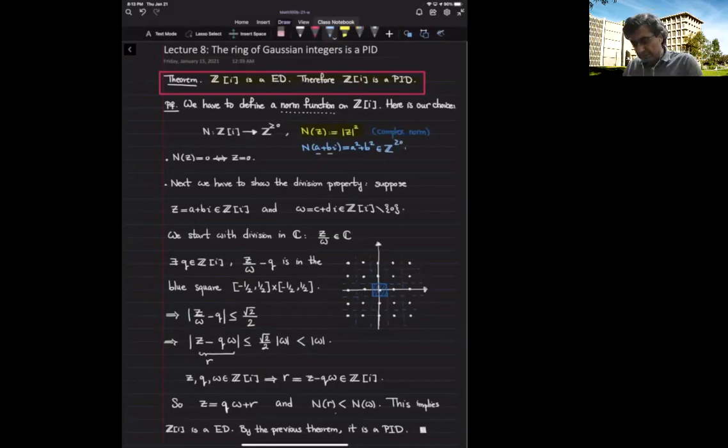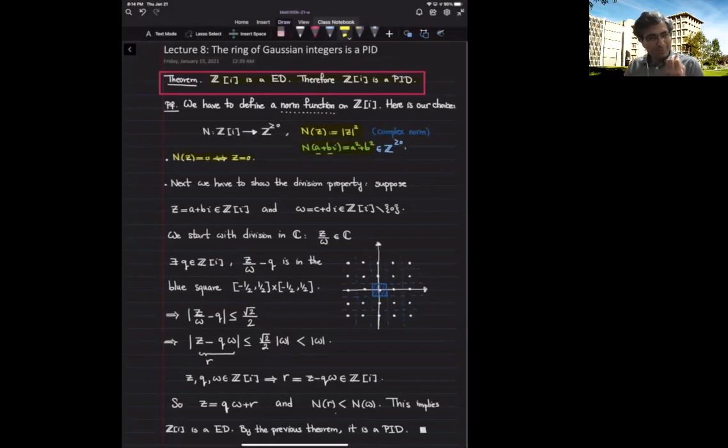So it is indeed going to the codomain as promised. The other thing that we notice is that the complex norm of a complex number is 0 precisely when it is the 0 complex number. Or alternatively, you can look at this equation and see that because I'm adding two squares, both of them non-negative, the only scenario where we can end up getting 0 is when both a and b are 0. So we definitely have this property.